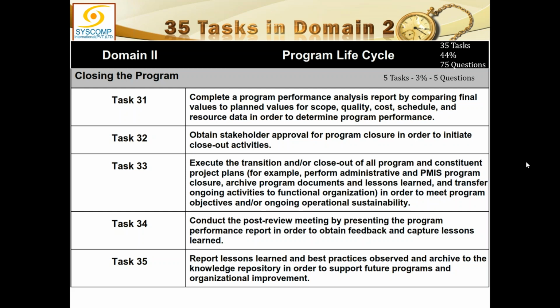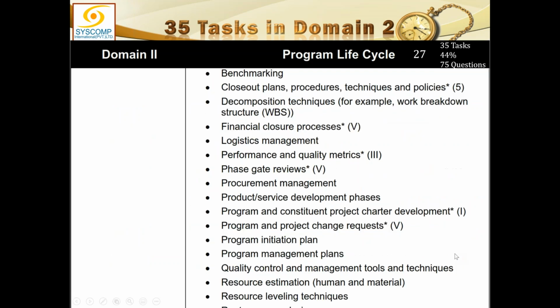In a way, tasks 34 and 35 are almost similar. In 34, we are capturing the lessons learned, and in 35, we are submitting those lessons learned into the knowledge repository. So these are the 5 tasks for closing. In addition to these 35 tasks of the program life cycle, we have 27 different skills which a program manager should have.